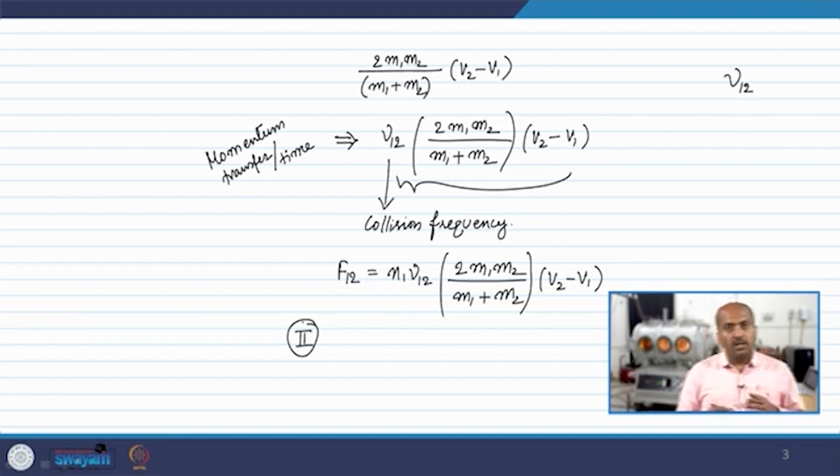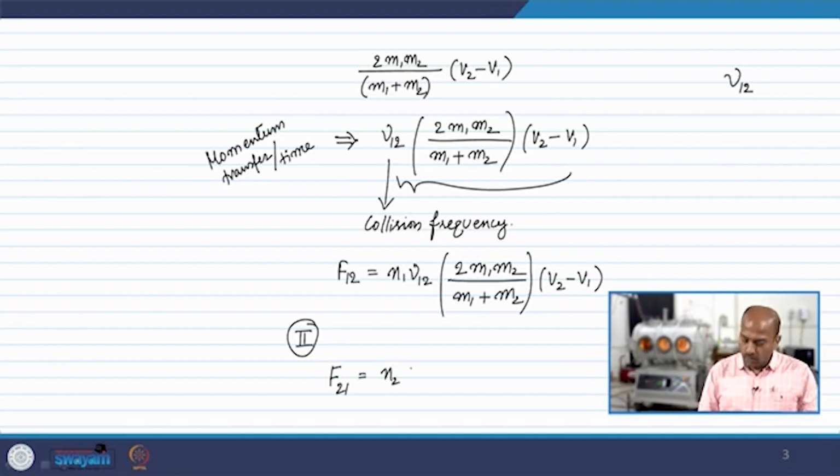So, there should be a force resulting from the momentum transfer from species 2 to species 1, which we are going to call F21. It is going to be N2, the number of particles in class 2 per unit volume, multiplied by the collision frequency, which is nu 21 obviously, since species 2 is colliding with species 1.